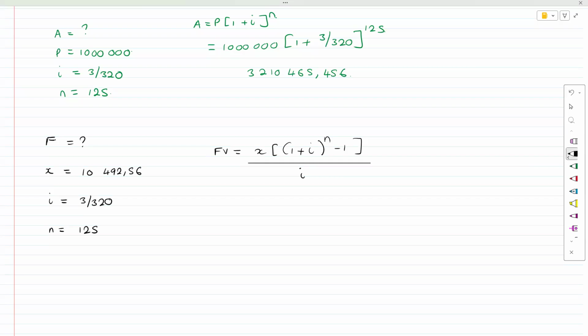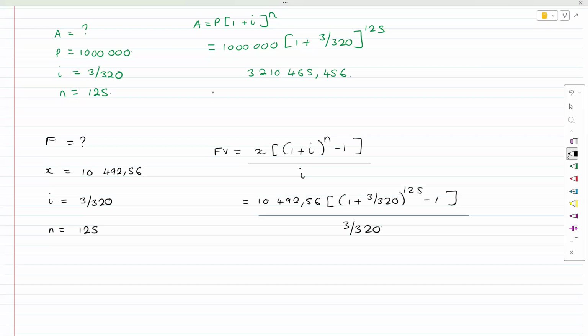If we deal with this, we should be fine. Shouldn't be anything that we're panicking with or stressing. This should be 10,492.56 into 1 plus 3 over 320 to the power of 125 minus 1 all over 3 over 320. Okay, let me deal with that quickly.